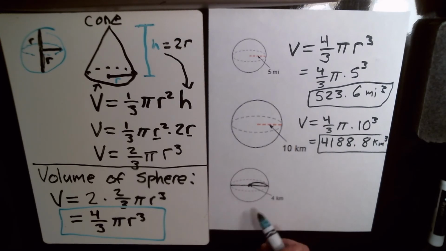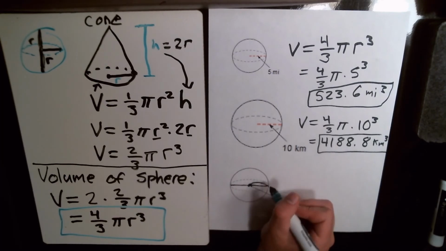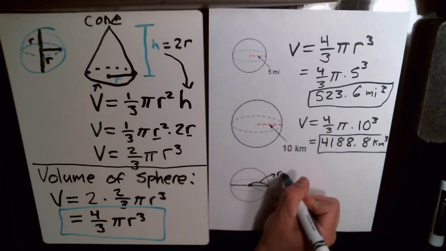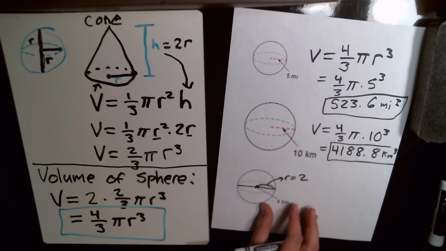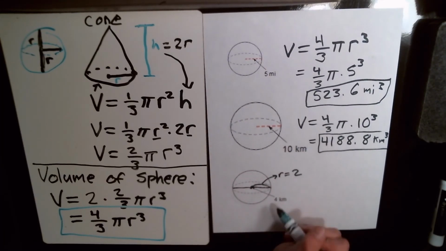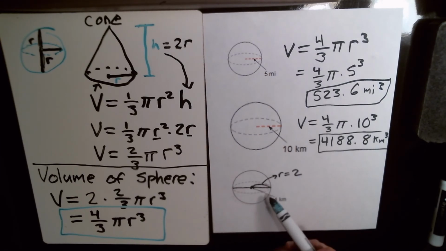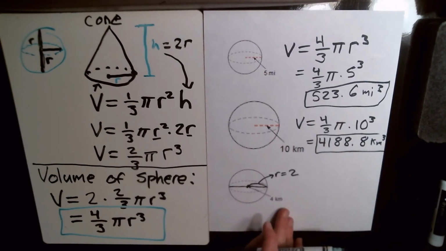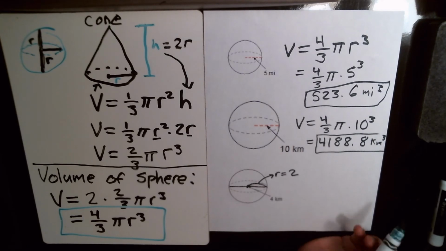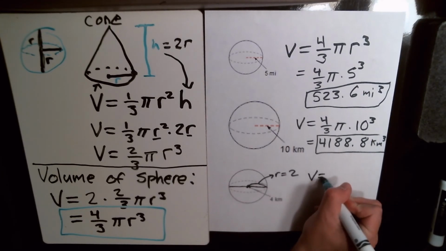So this is the diameter of the center of this circle, kind of the center circle that you get there. So the radius of the sphere is actually 2, right? It's half of what the diameter is. Okay, so you need to be careful. You can't just plug the number in that it gives you. You need to make sure, is the number it gives you actually the radius? Because that's what goes into the equation. So we found the radius in this case was 2, so that's what I plug into this formula.